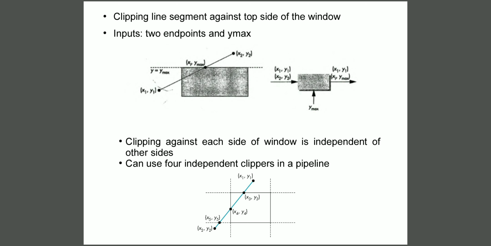Similar to this, we need to apply clipping on the other three sides of the window also, that is left side, bottom side and right side. Each of these four clippers will work independently, so we call them independent clippers. Now, to understand how all four clippers work, we'll consider one more line segment with the endpoints x1 y1 and x2 y2. The middle rectangle we are seeing is our output window.